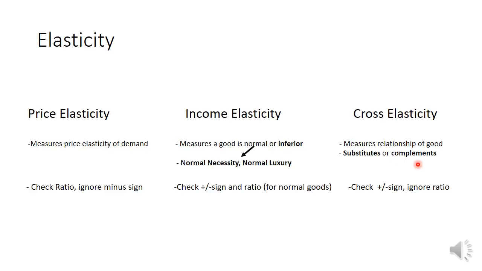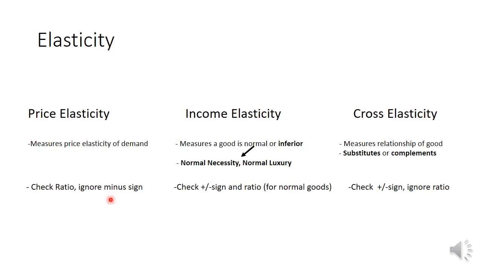Now, you must know how to derive the type of elasticity and what the answer means when you do a calculation. Now for EP, we ignore the minus sign. Okay, we just need the ratio.